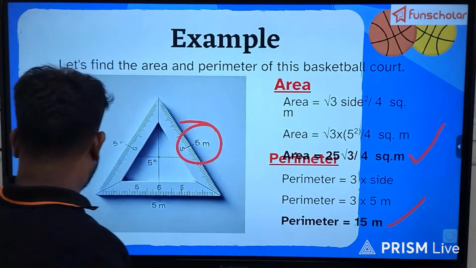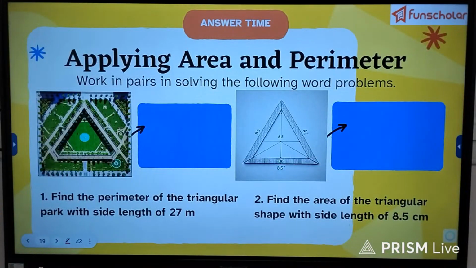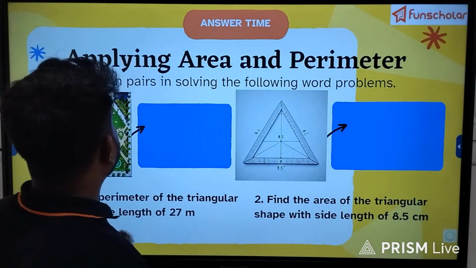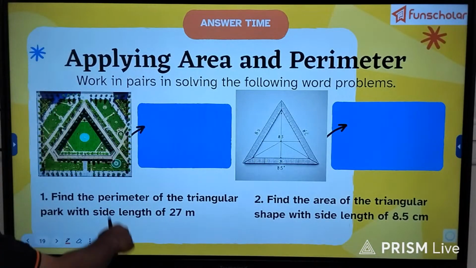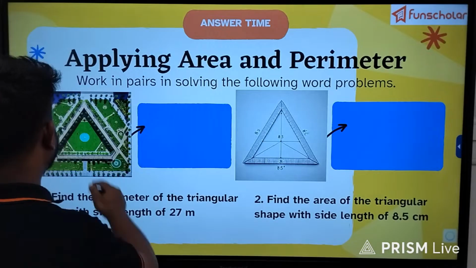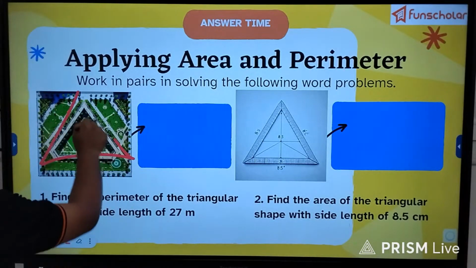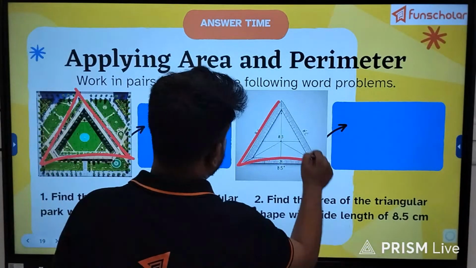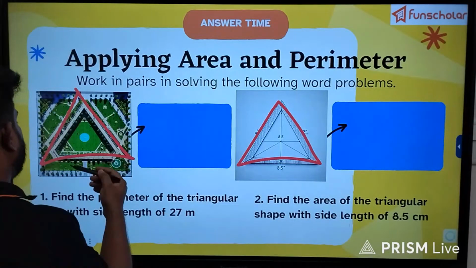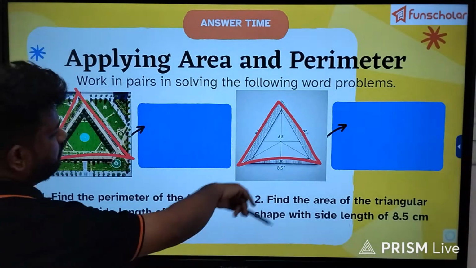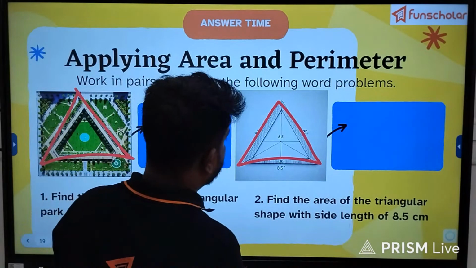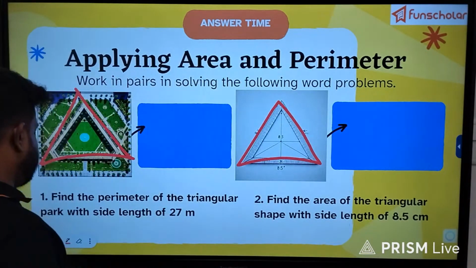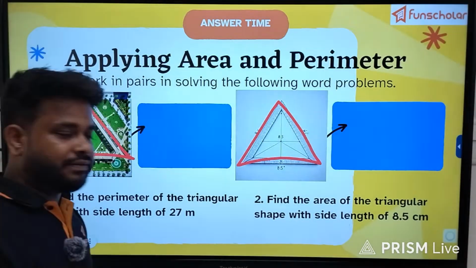Okay. The next one is applying the area and perimeter. Work in pairs in solving the following word problems. For these two word problems we have two shapes which look like equilateral triangles, with sides 8.5 centimeter and 27 meter.